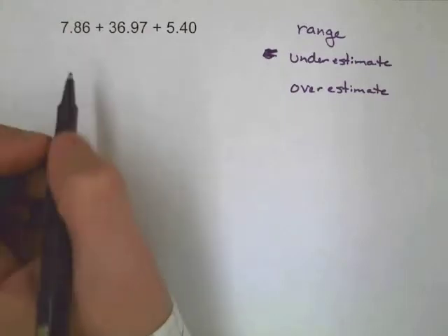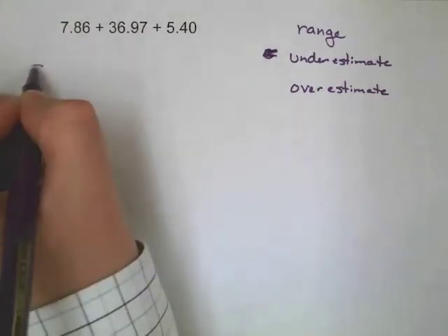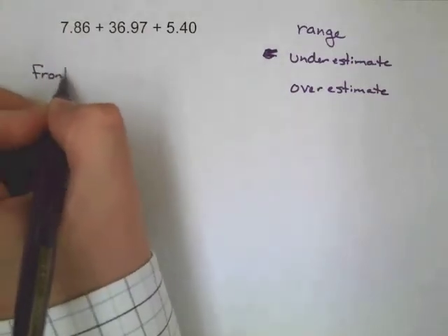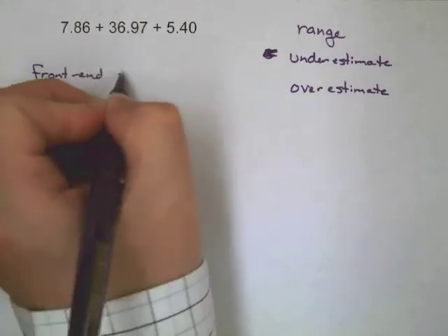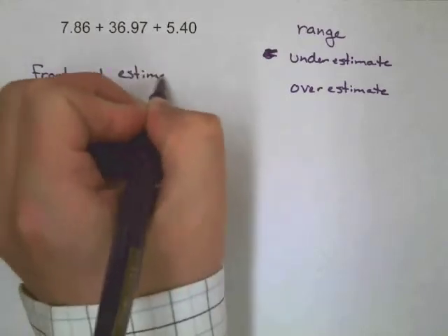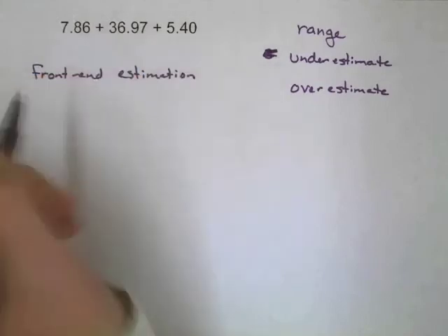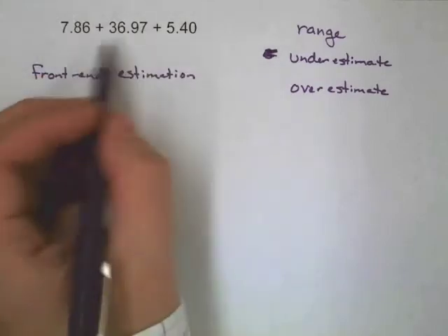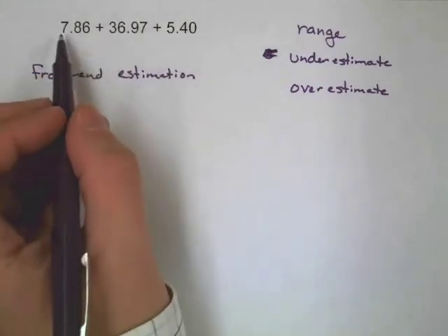Well, one of the things we can use is called front-end estimation. And front-end estimation means that we're looking at these numbers and we're just looking at the whole numbers.